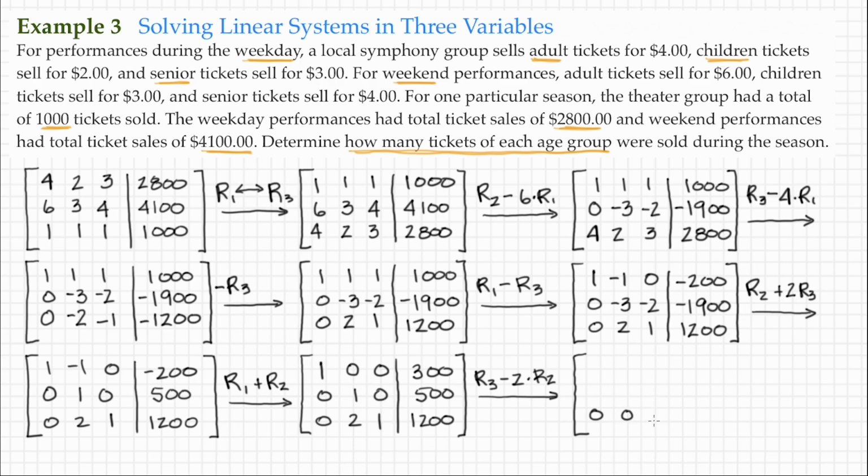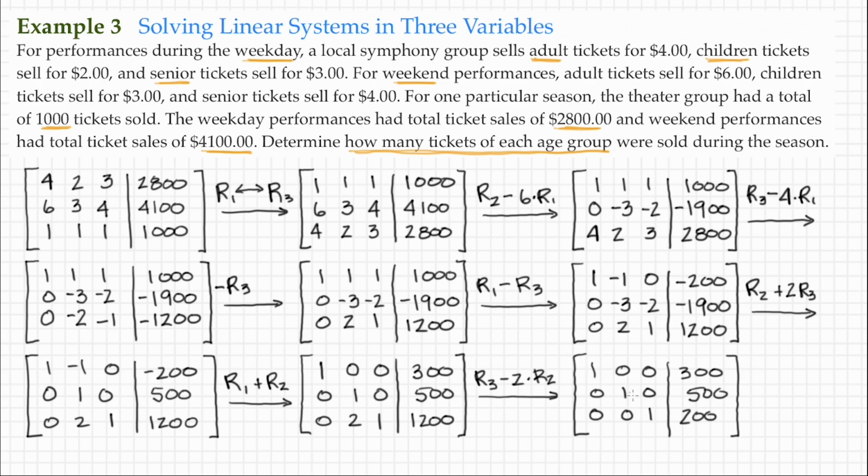And 0 and 1, so we're going to have 1. Bring down our vertical line. 500 times 2 is 1,000. 1,200 minus 1,000 is 200. Close off our bracket and fill in the rest. 1, 0, 0, 300. And 0, 1, 0, 500.